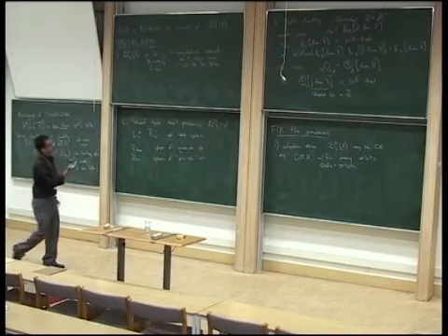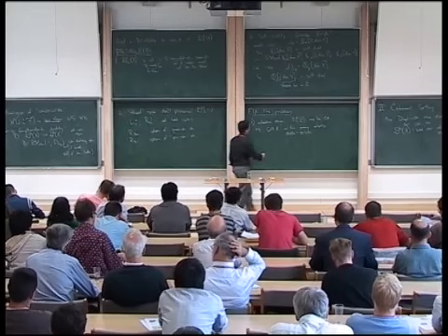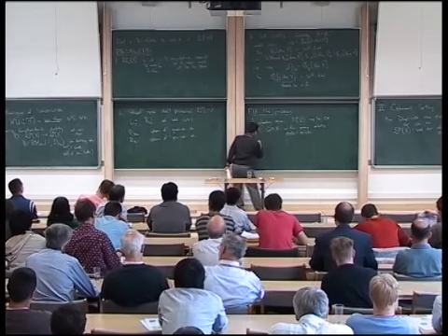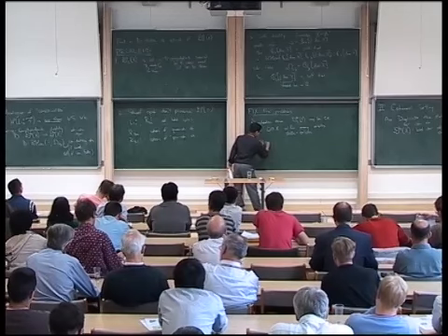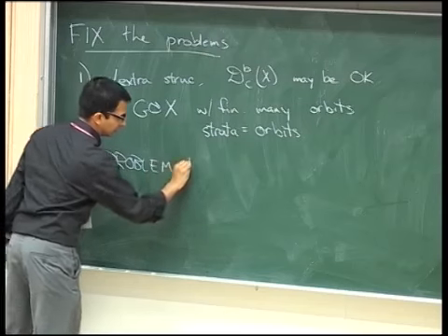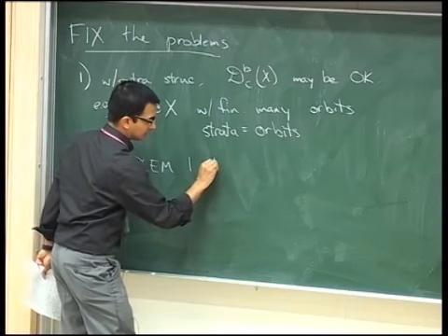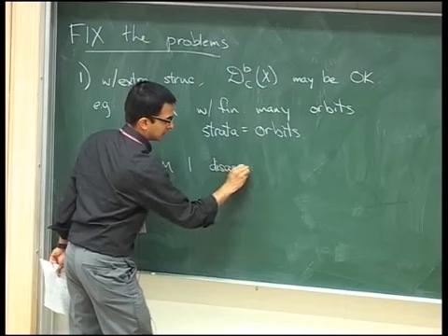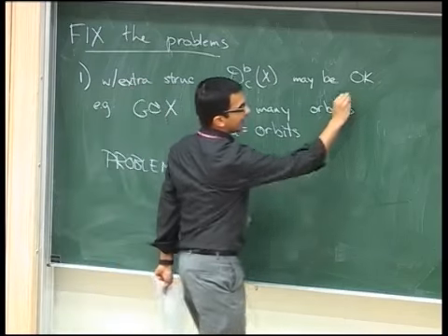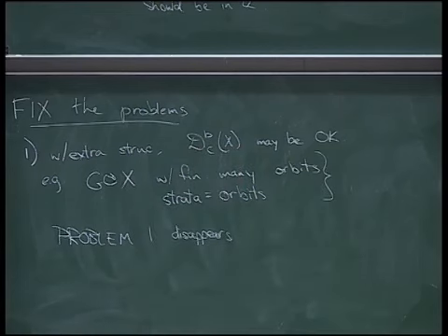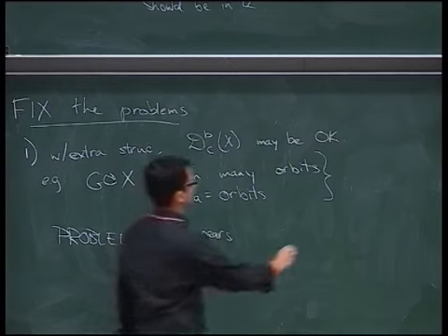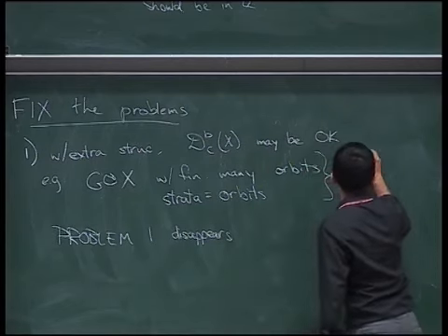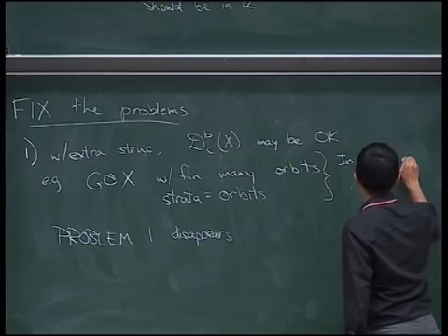So the kernel and co-kernel are automatically locally free. So then problem 1 disappears. And this setting, where you have a group action with finitely many orbits, I'm going to impose this as an assumption, and this assumption will be enforced for the rest of the talk.